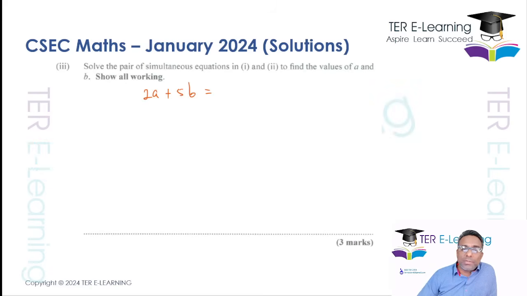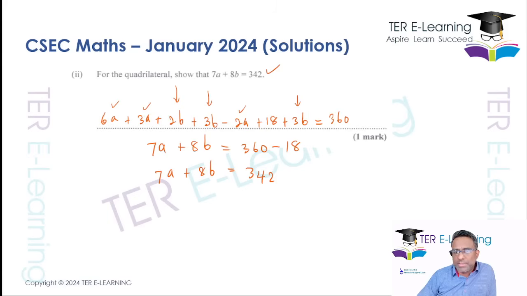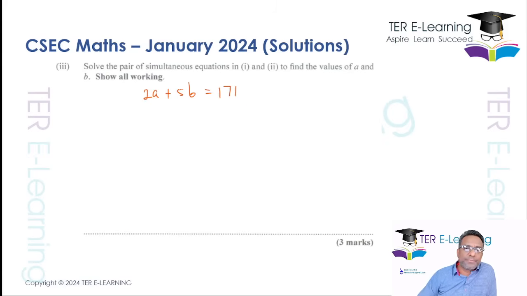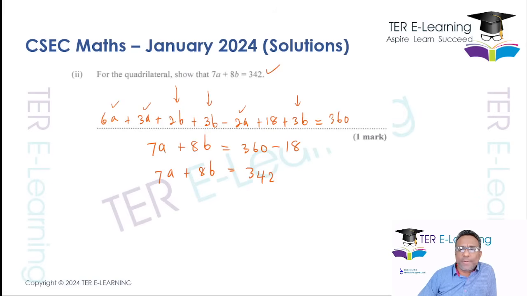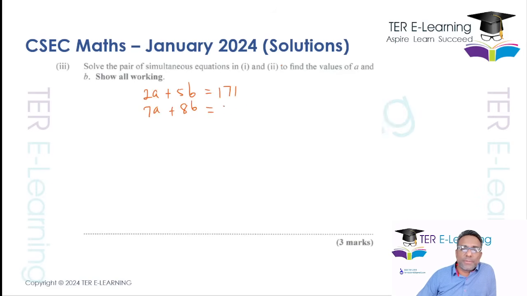Right, that's one equation, and the second equation was 7A plus 8B is equal to 342. So in a question like this, you can either do substitution or you can use elimination. It's up to you.